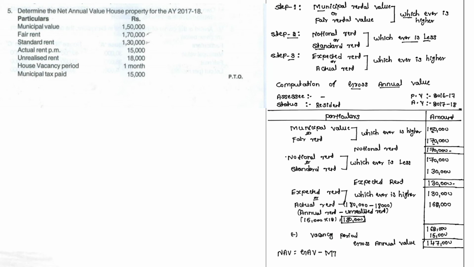So gross annual value we identified as 1,47,000 minus municipal tax given in the problem, 15,000. So if you deduct, you will get 1,32,000, which will be your net annual value.